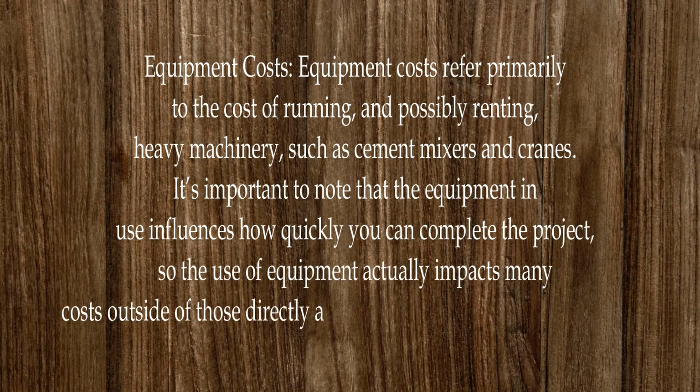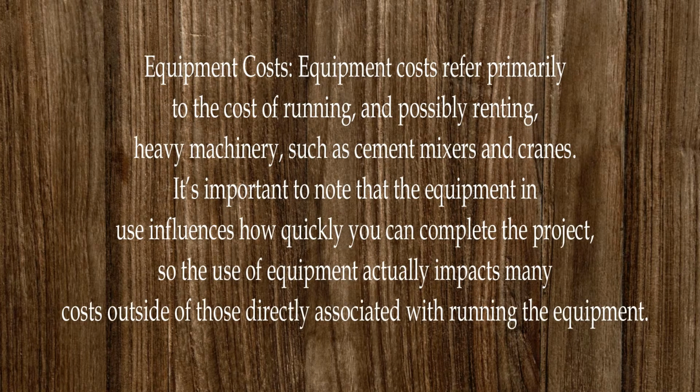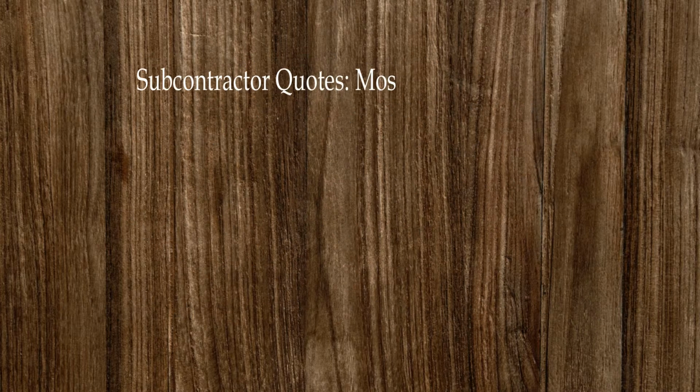Equipment costs refer primarily to the cost of running, and possibly renting, heavy machinery, such as cement mixers and cranes. It's important to note that the equipment in use influences how quickly you can complete the project, so the use of equipment actually impacts many costs outside of those directly associated with running the equipment.